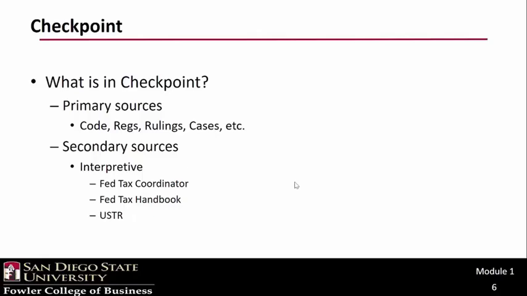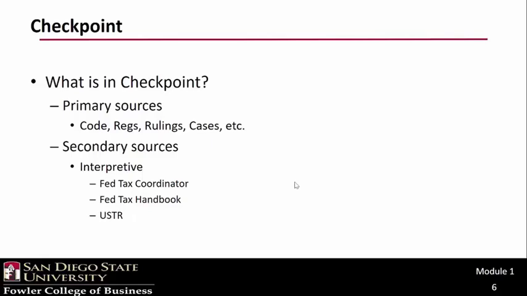So once you've found the service, we're going to look at what is in Checkpoint. And we're going to flip back to the software here in a second. But we're going to talk about breaking up the world of tax law into two types of sources. The first is primary sources. These are actual sources of tax law. These are the official sources. So that's the Internal Revenue Code, the regulations, any rulings issued, any court cases surrounding tax issues. These are all primary sources.